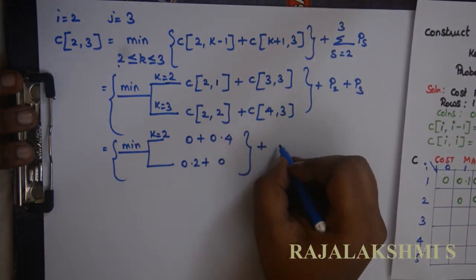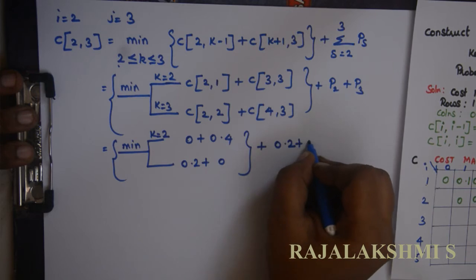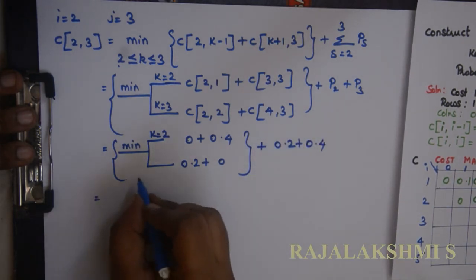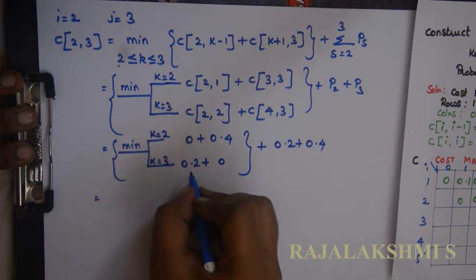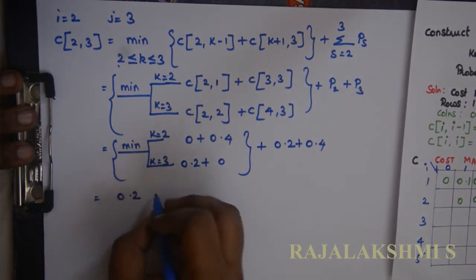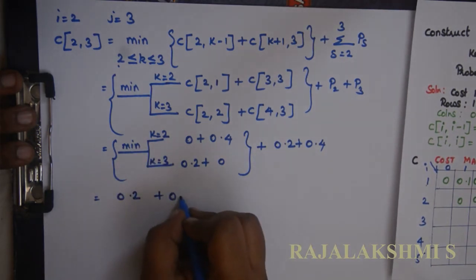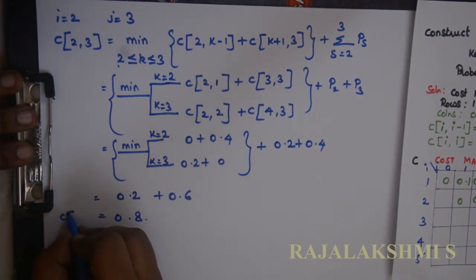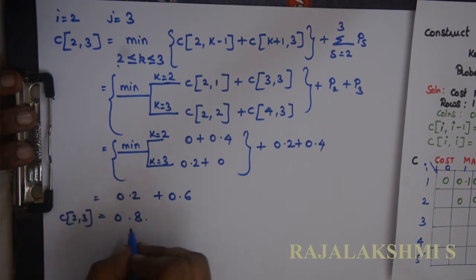Plus the value of P2 is 0.2 and P3 is 0.4. So here the minimum is at k equal to 3: 0.2 is the minimum, plus here we are having 0.6. So the value will be 0.8. So C of 2 comma 3 we found as 0.8.